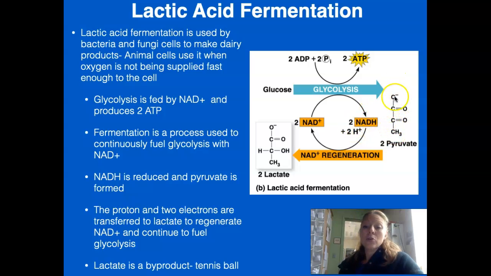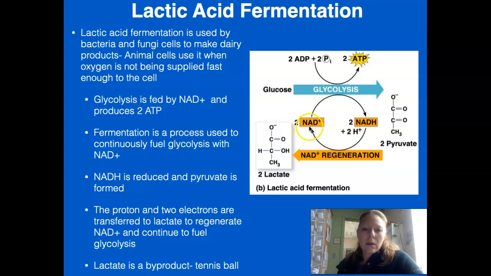So pyruvate is then going to accept the extra hydrogen from NADH because NAD plus is what fuels glycolysis. We're not using the NADH in the electron transport chain, and so it's just sort of there.